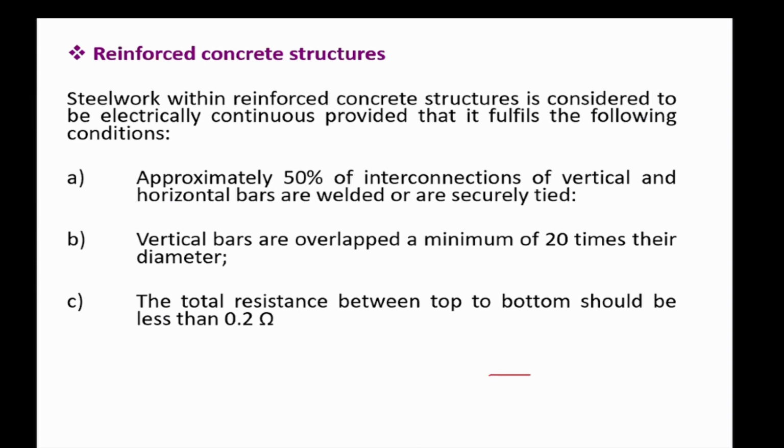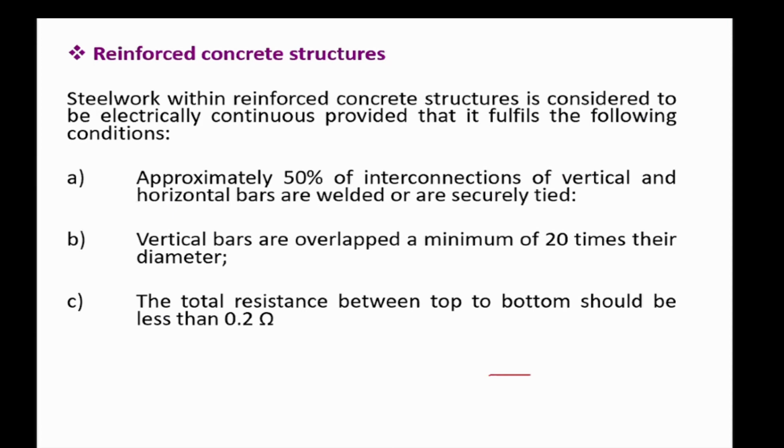Therefore, securely tied is the better way, or the practical way, you can do it. Then vertical bars are overlapped a minimum of 20 times their diameter. Actually, if I had face-to-face interaction, I could have shown you how to do this, but I think you can understand it.